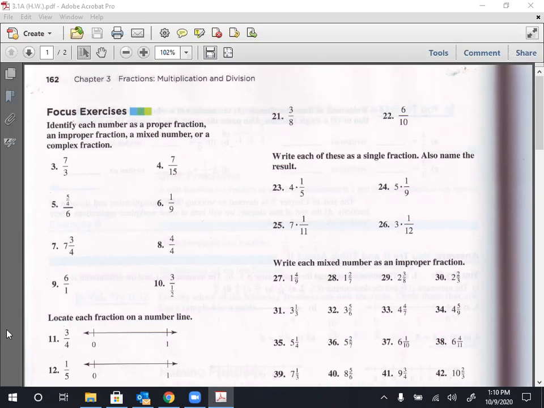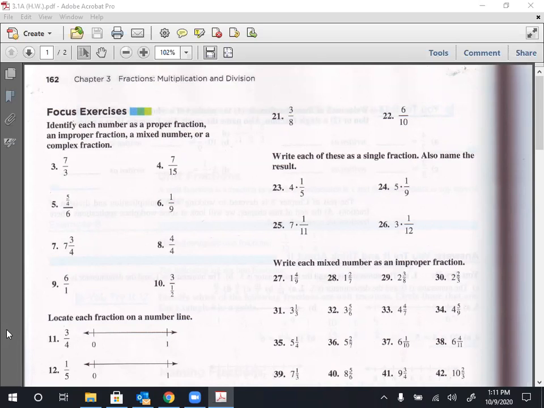And I'm going to write that 21 over 5 as my result. And that's called an improper fraction. So basically, we're writing these as improper fractions. That's what they're asking you to do, okay?